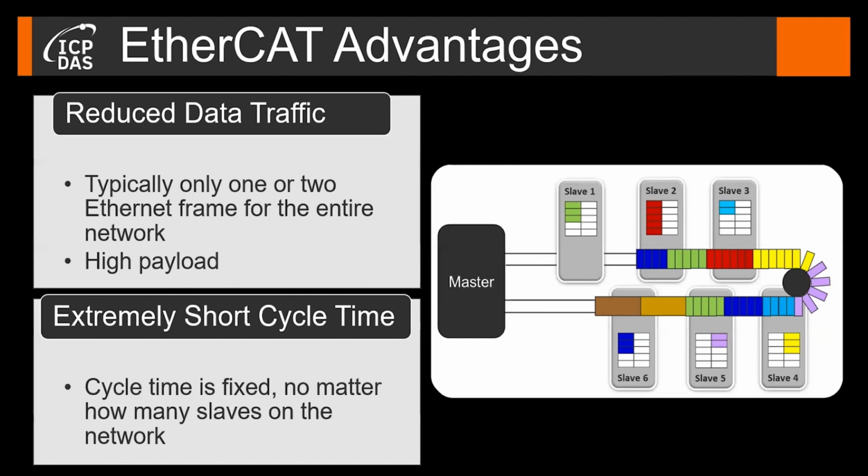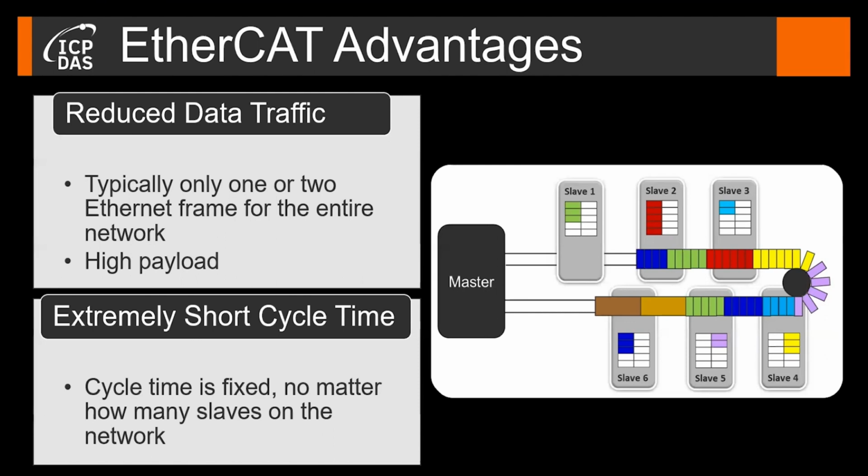The telegram is passed around a ring where each node exchanges data with the telegram, and it returns to the master after the last slave receives the telegram. This means in each cycle, with just one frame, each slave is updated with new output data from the master, and the master receives new input data from all slaves.